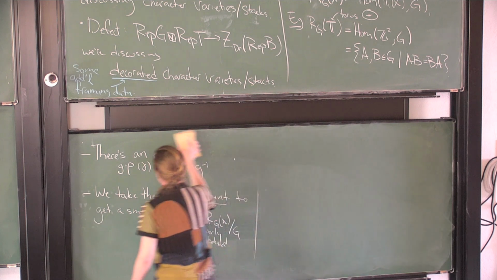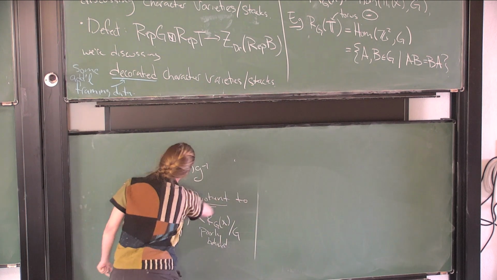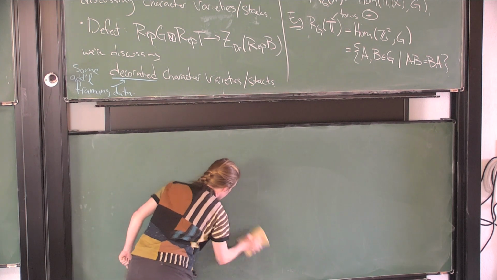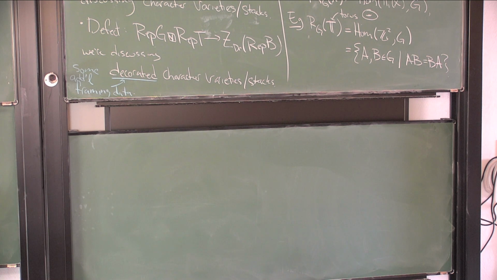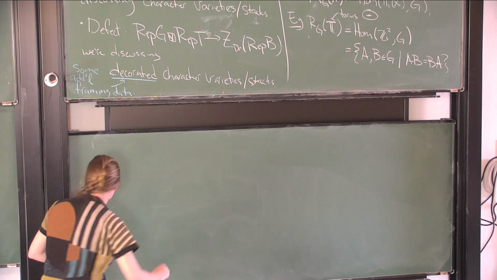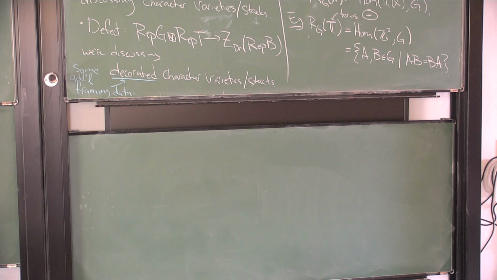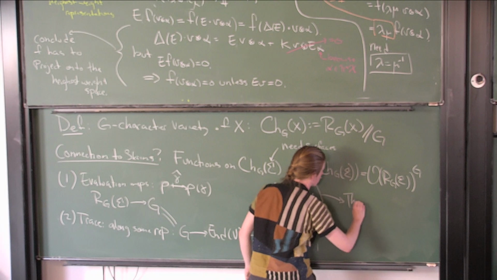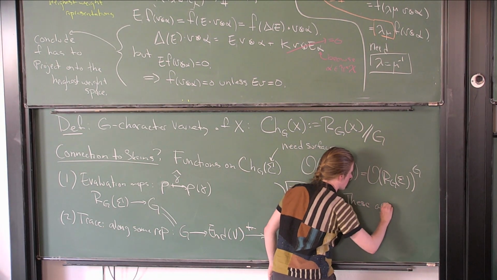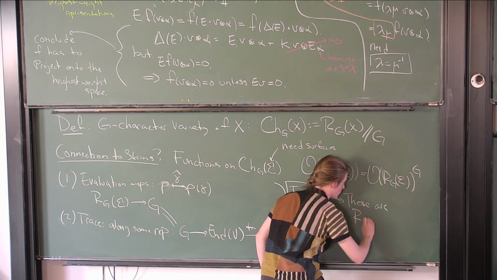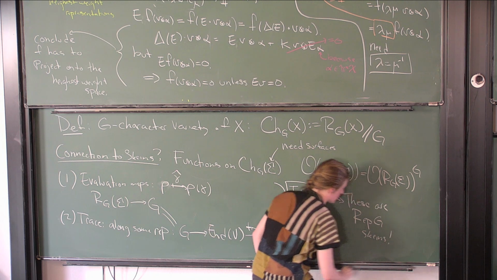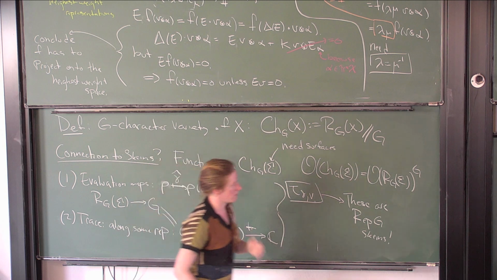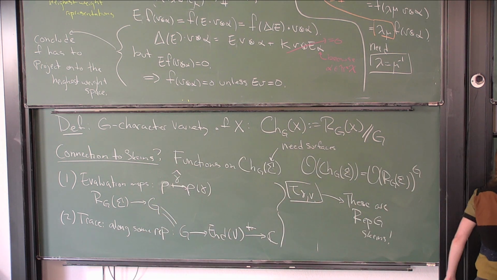Now we get the nice connection to Skein theory, because the idea is that these are rep G skeins. That's a crazy thing to say, but let's picture what's going on here.